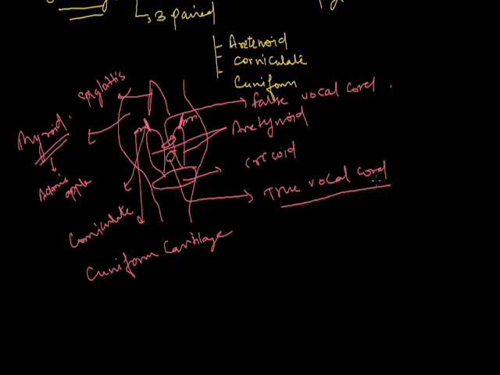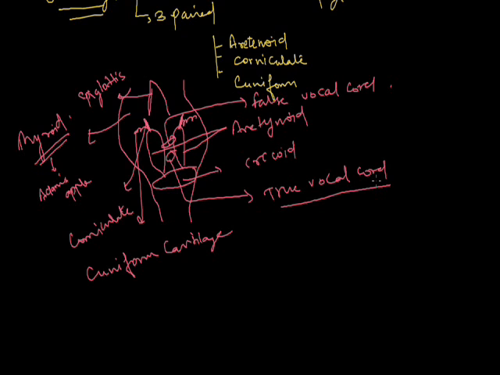The false vocal cord is not basically responsible for the production of sound, but it is just helping the true vocal cord. So in the larynx, the true vocal cord is responsible for the production of sound during exhalation, and the other cartilages make the structure of the larynx and help the vocal cords.